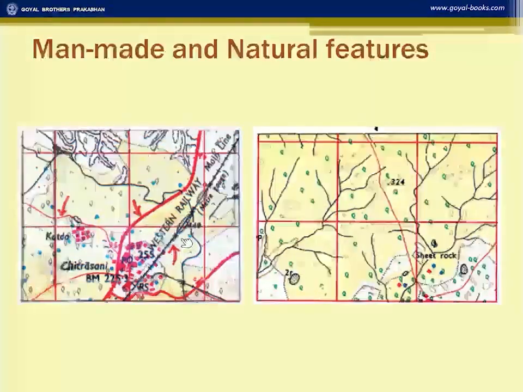So all these are man-made features. Spot heights, trees and the river and dry tank, these are all natural features. Sheet rock here, but survey tree in black is a man-made feature because it is a surveyor's mark.